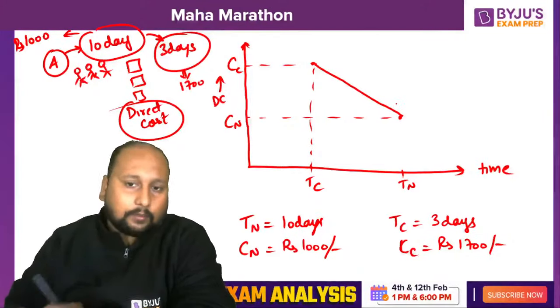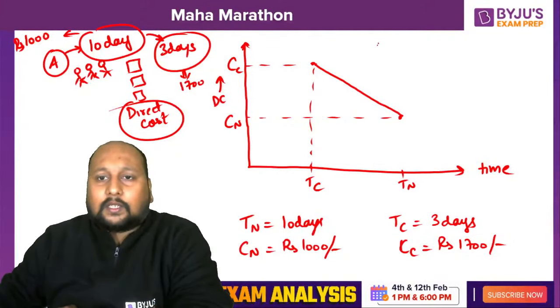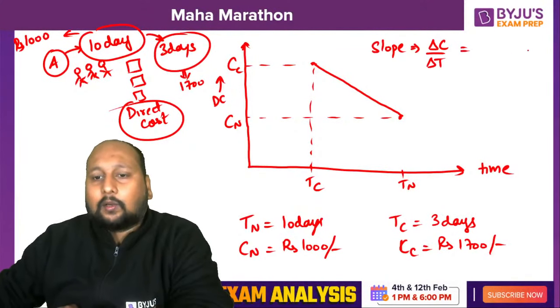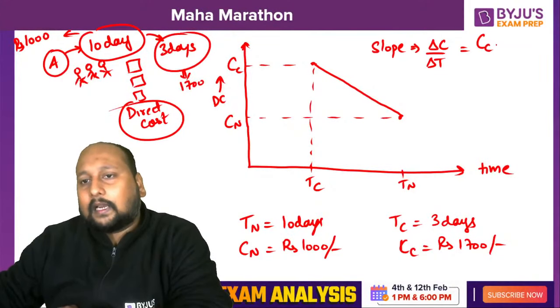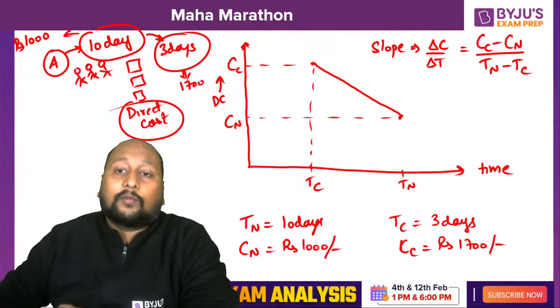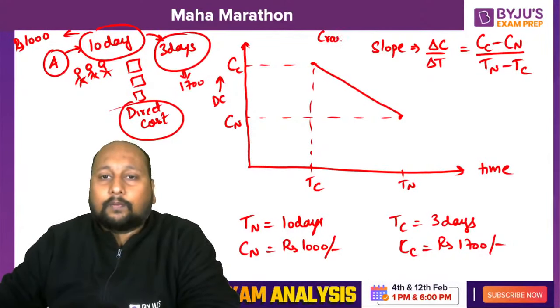This is a very important assumption that we are making. So can we say what is the slope of this particular curve? Slope, we can say, delta C by delta T, equals the crash cost minus the normal cost divided by the normal time minus the crash time. By using this formulation, we can calculate the value of slope, and this slope we call the crash cost slope.